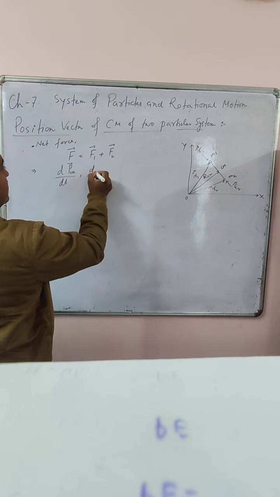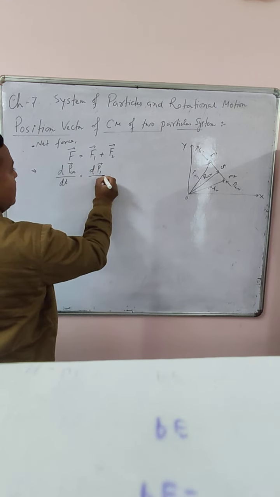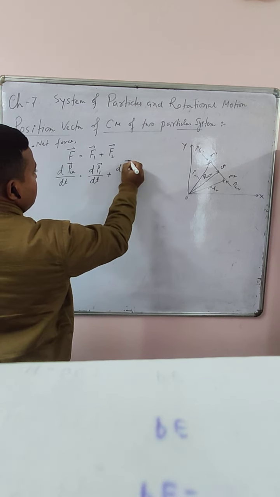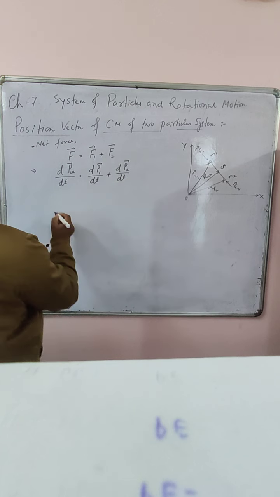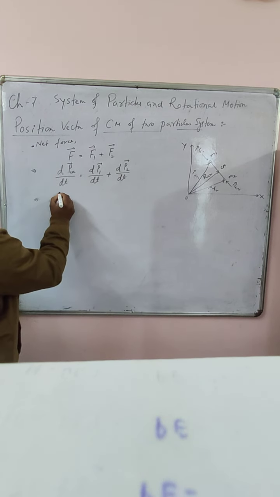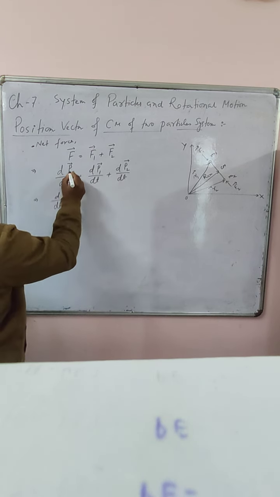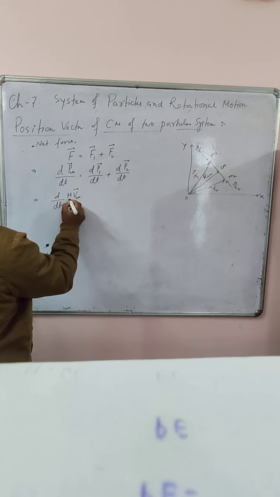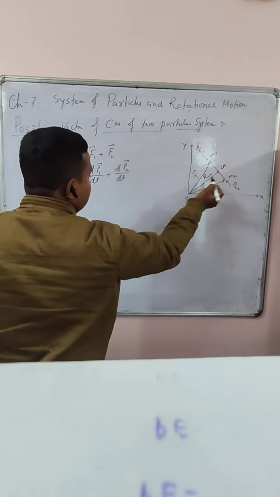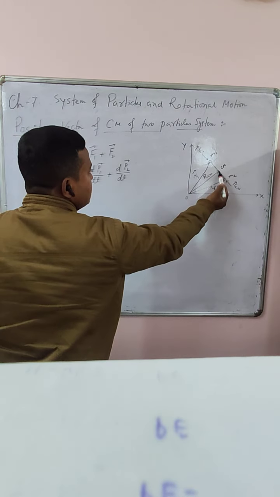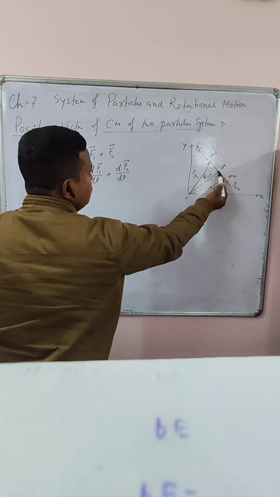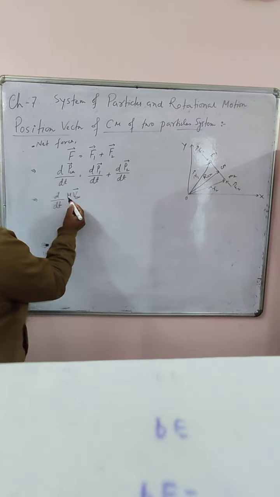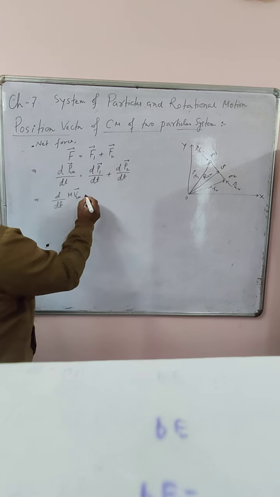So F1 you can write as dP1 by dt, F2 as dP2 by dt. Now P is momentum, so d of dt of m into v, so v center of mass, and this m is the total mass, m1 plus m2, because we know at the center of mass the total mass is supposed to be concentrated. So capital M means m1 plus m2.